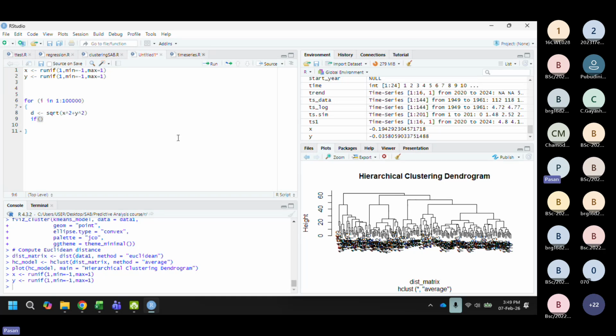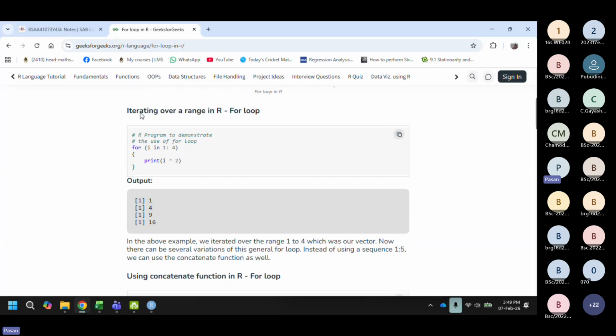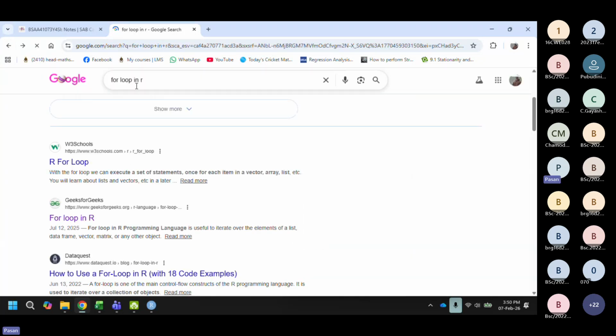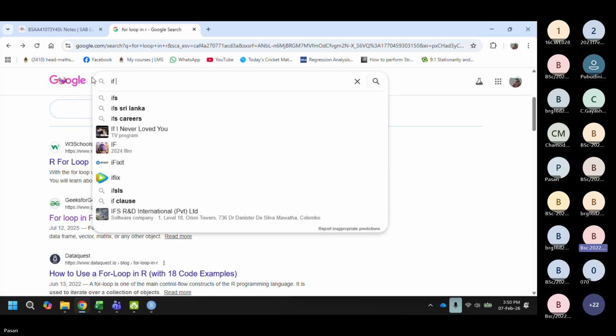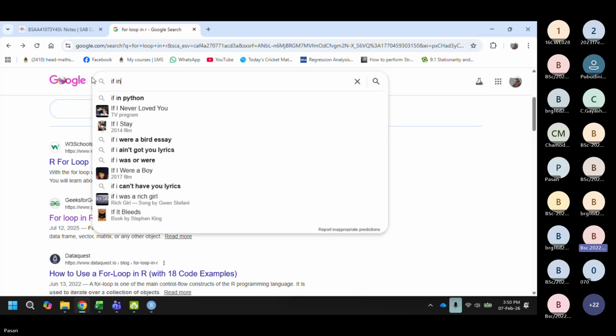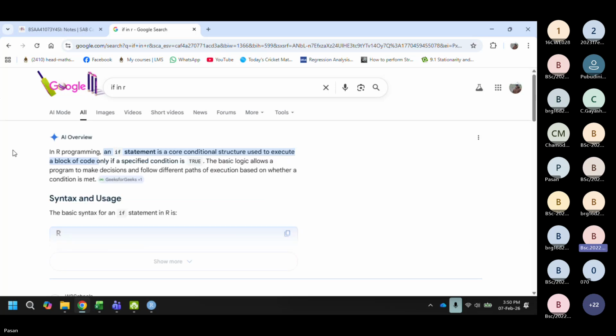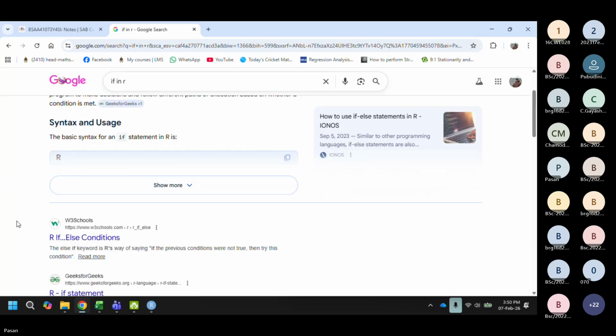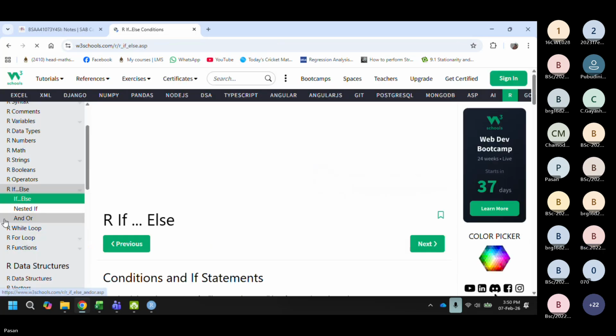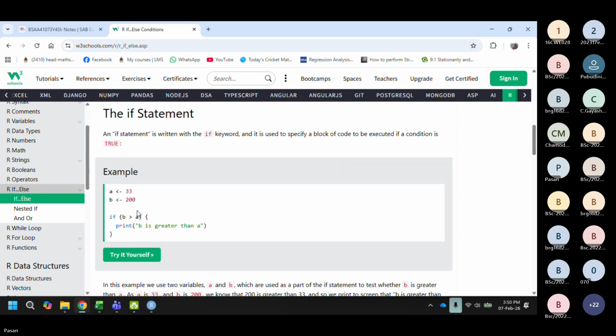Let me find that if command here. Okay, so I can use this here, right?